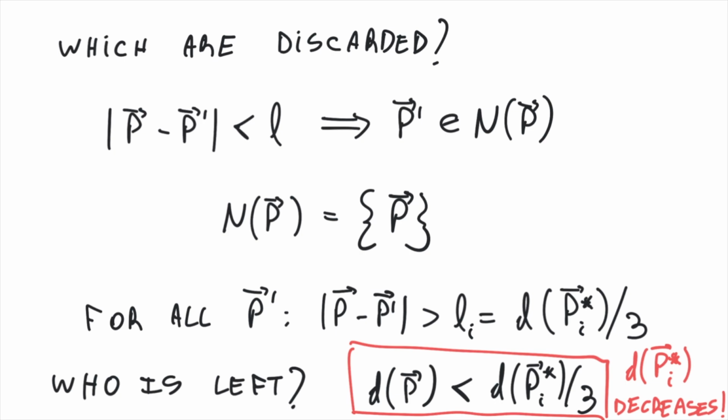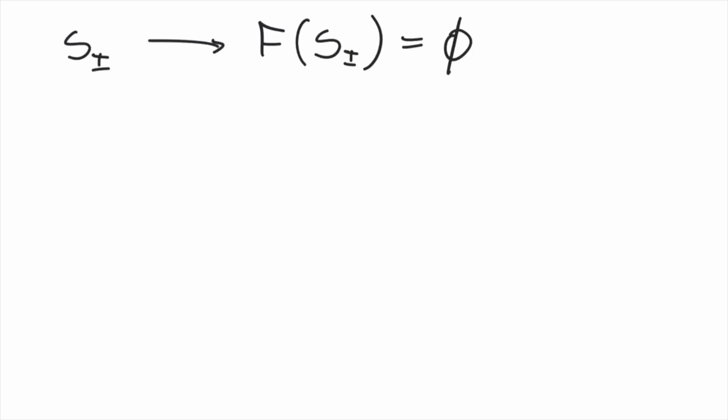Now let's see what happens when this actually terminates. In the last step we have a set Si with some number of points, and we know that if we take the filter of Si, we get the empty set. What does this mean?